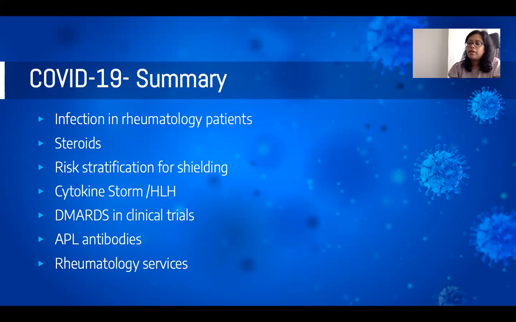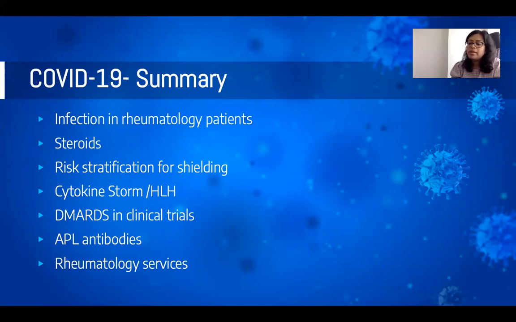So in summary, we've gone through some specific considerations to make when approaching a patient with rheumatic disease who may have an infection. I've gone through some national guidance on the use of steroids and NSAIDs. Briefly gone through the BSR guidance on how to identify more vulnerable patients who need to shield.